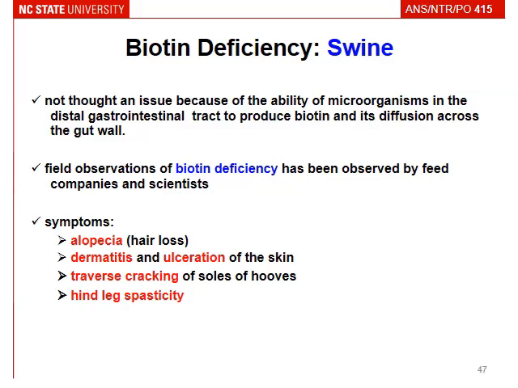You also get cracking hooves and issues with the slipped tendon, so you get hind leg spasticity in the swine. But this is not common. You're really not going to see this naturally occur.